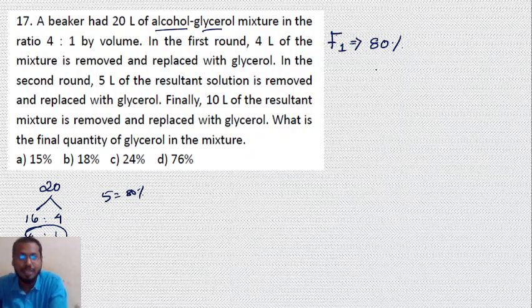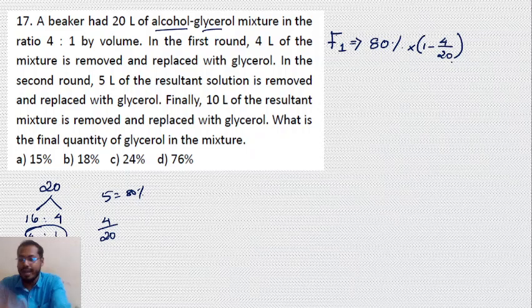So 80% is alcohol. In this alcohol, what is happening? 4/20. Out of 20 liters, 4 liters was taken out. So 1 minus 4/20. Why am I writing like this? Please listen carefully.